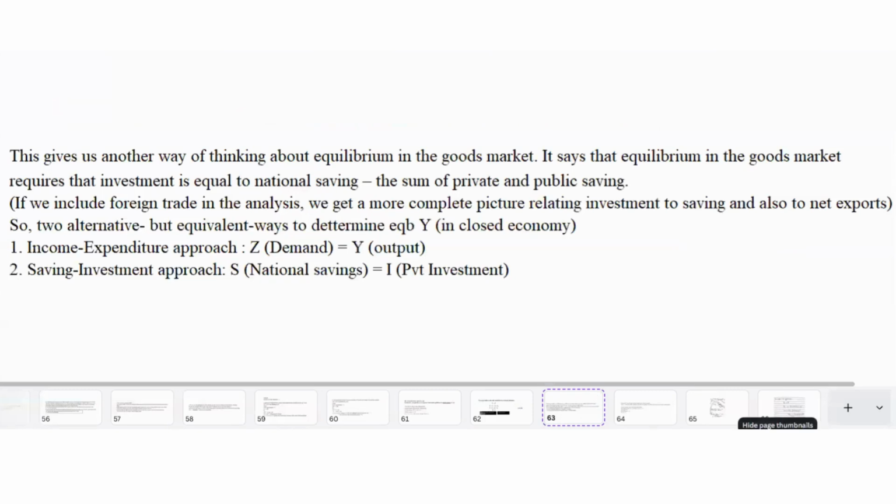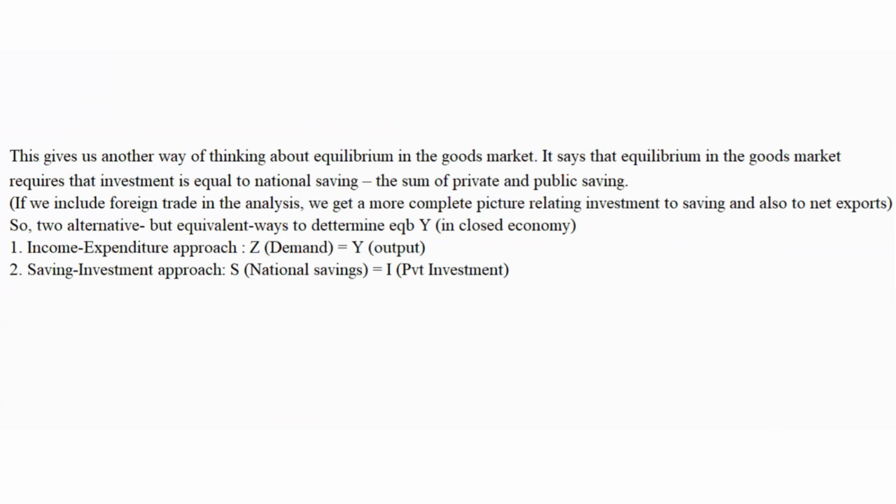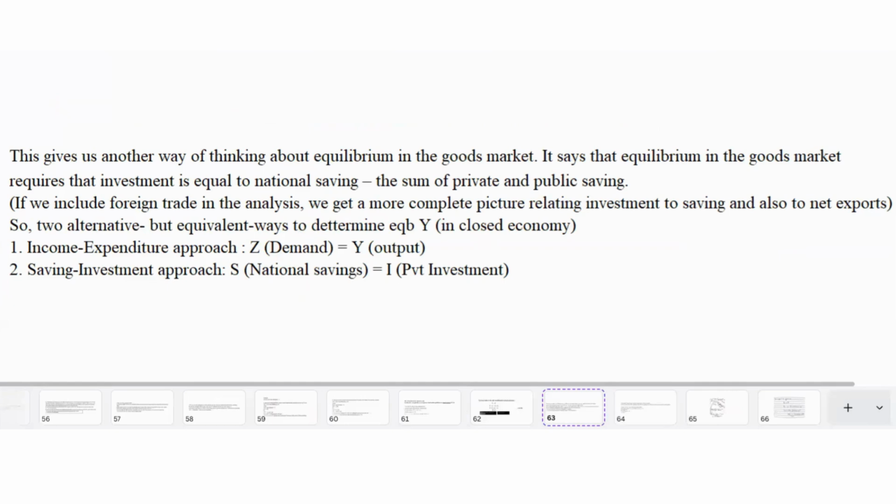More on that later. So there are two alternative but equivalent ways to determine equilibrium Y in a closed economy. The first is the income expenditure approach, which we talked about earlier, where demand is equal to output. The other is the savings investment approach, where national savings is equal to private investment.